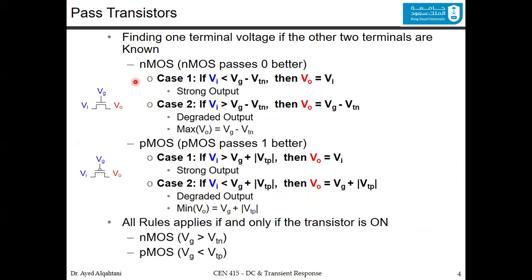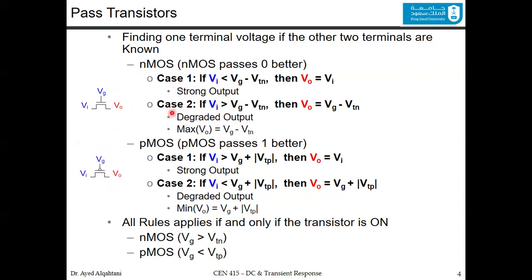So in a pass transistor, finding one terminal voltage, if the other two terminals are known, is the target here. So let's say that in the NMOS, you have the input and the V gate. These are your known values, and you want to find the voltage at the output. Similarly for the PMOS. In the NMOS, we know that it passes the zero better. You have two cases: one case for a strong output and the other case for a degraded output.